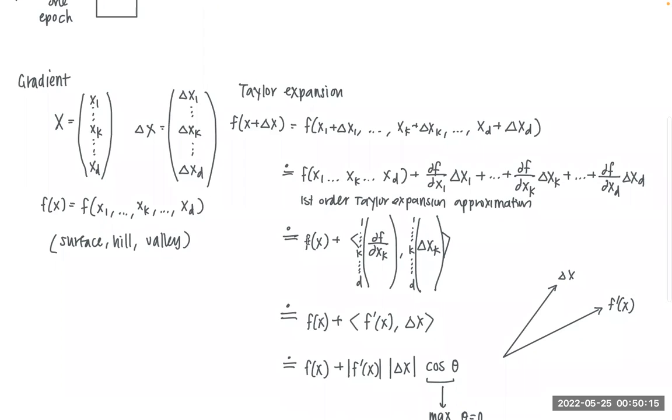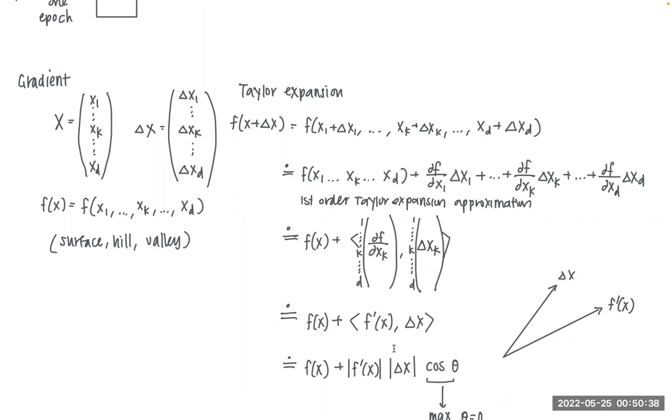So we have this f of x, and you can see that this is just the first term, right? The second summation is in the form of an inner product. So we can write this as an inner product between two vectors. One is a vector of partial f over partial xk, and the other is a vector of delta xk.